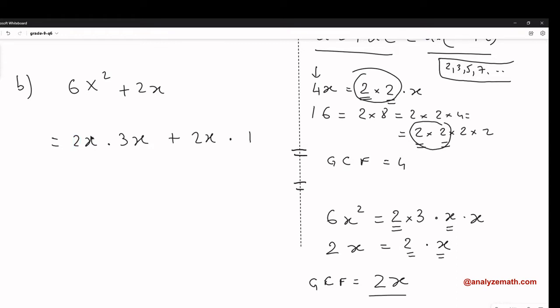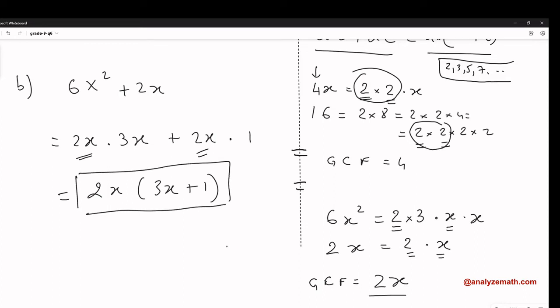Check. 2x is 2x multiplied by 1 because, remember, the common factor is going to be 2x. So I go here. This is my common factor. And there is nothing else to factor. So this is the complete factoring of the expression given in part B.